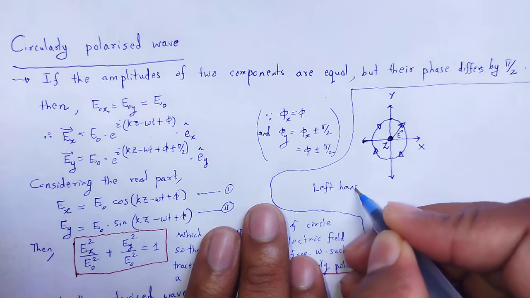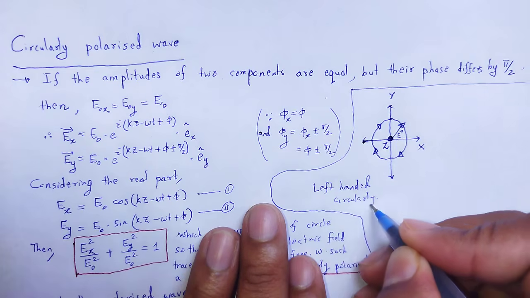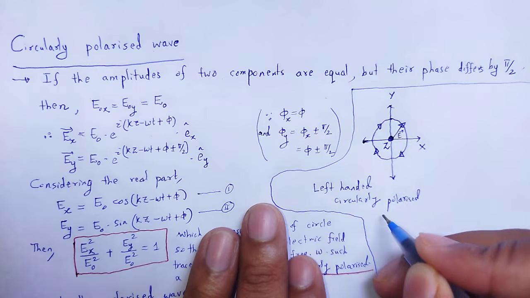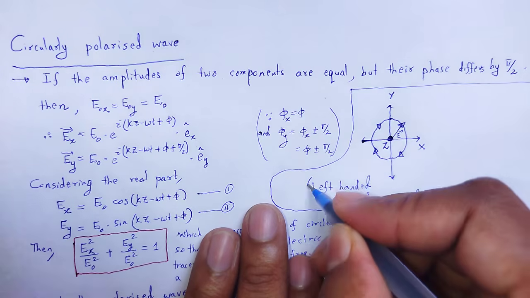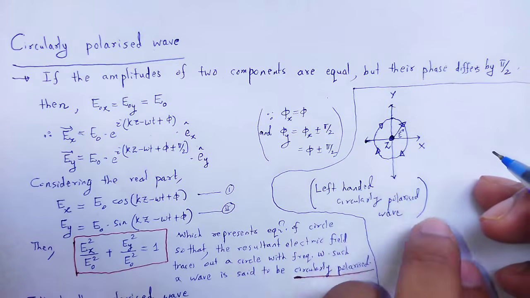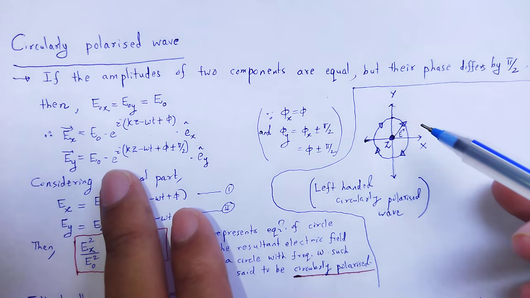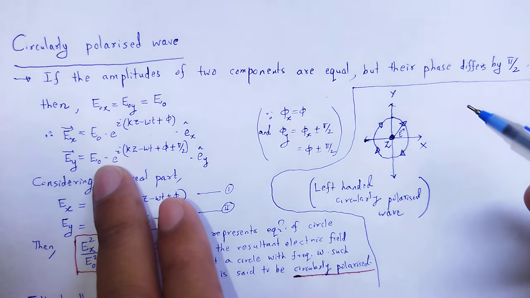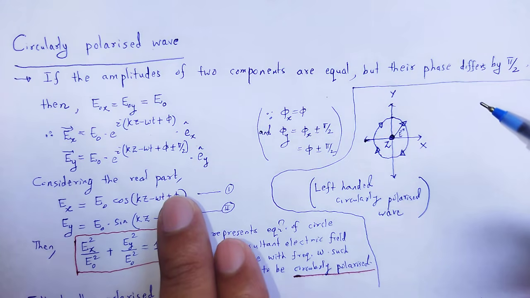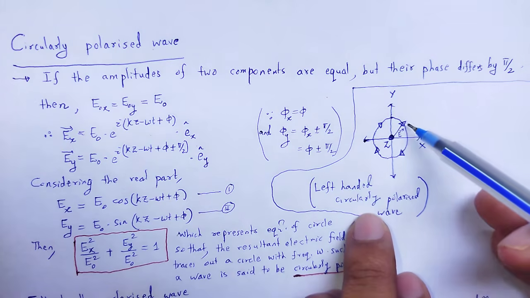Left-handed circularly polarized wave. The electric field vector has a constant magnitude E naught and is a function of time only, and changes its direction in a continuous manner.